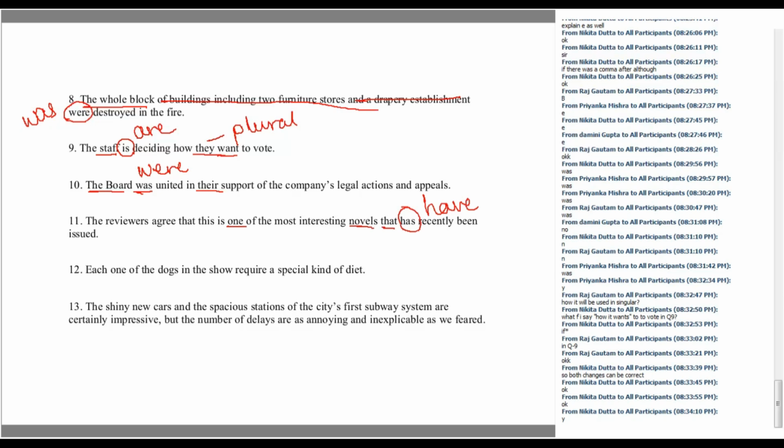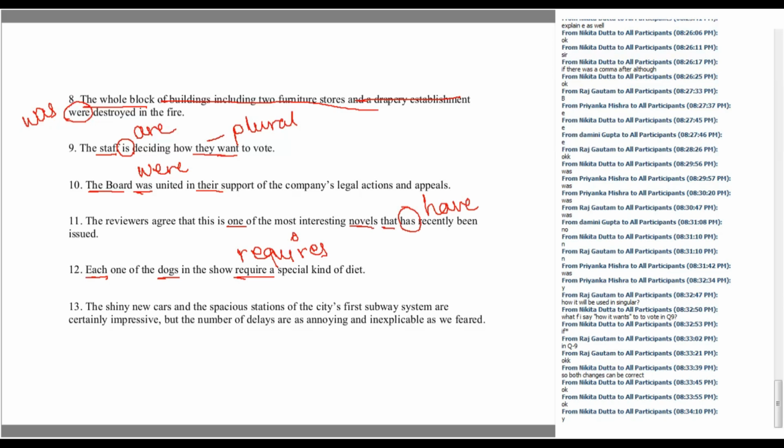Number 12. Each one of the dogs, because the word each precedes dogs, it becomes singular. Each one of the dogs in the show requires, I will have to use a singular verb. Each one of the dogs in the show requires a special kind of diet.